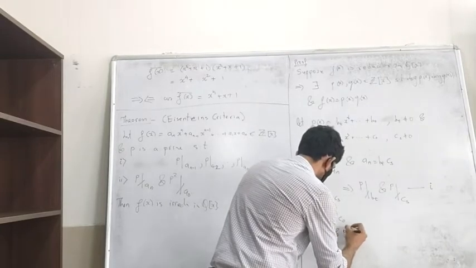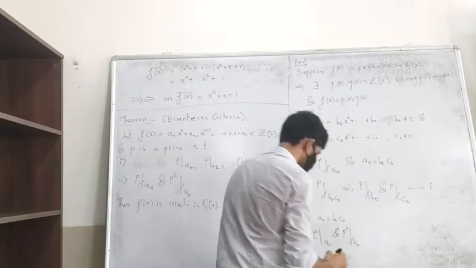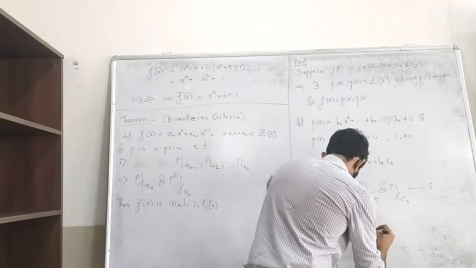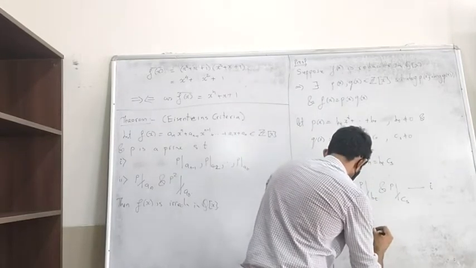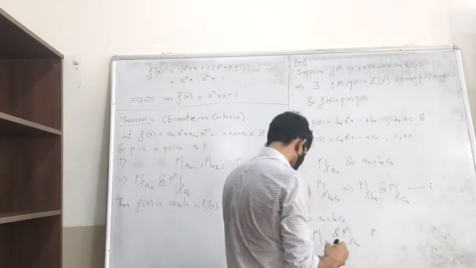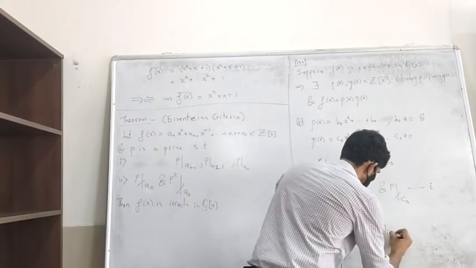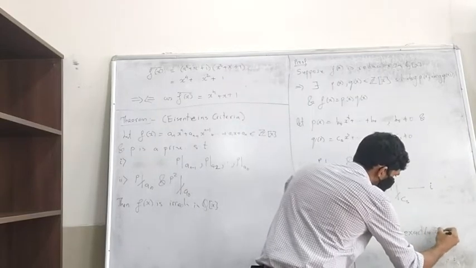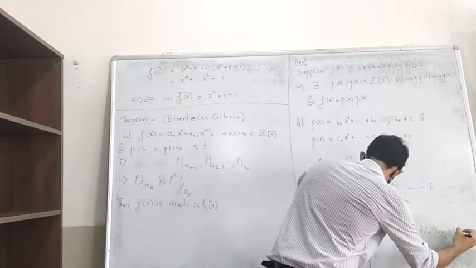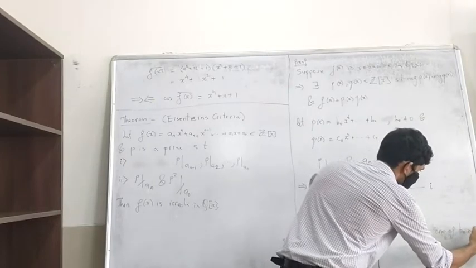So as p divides A naught and p square does not divide A naught, p divides exactly one of B naught or C naught.